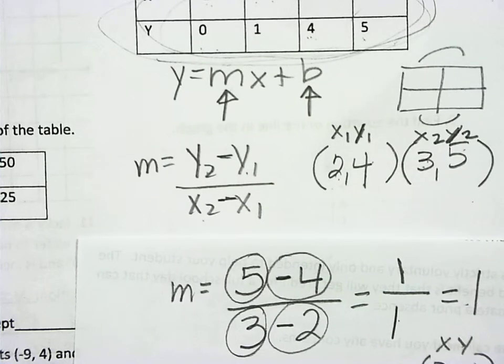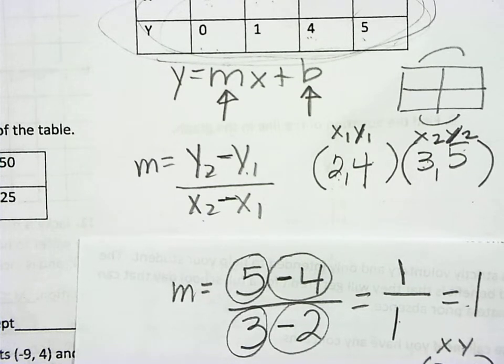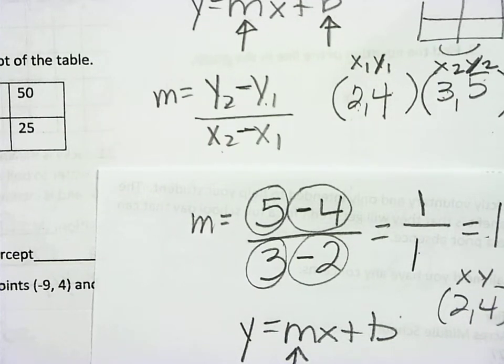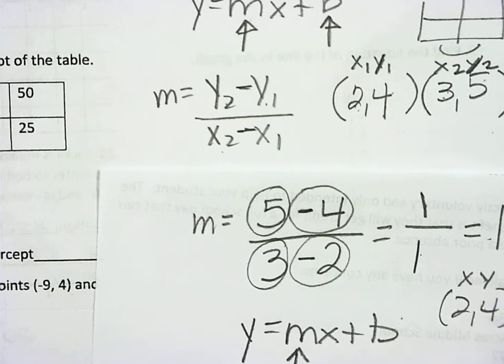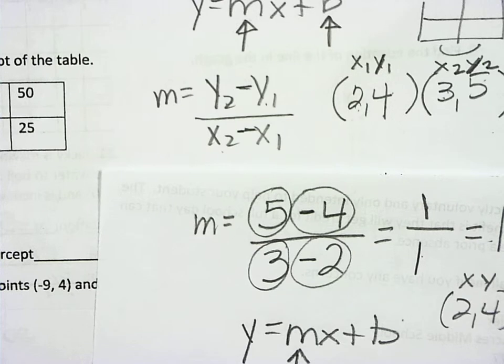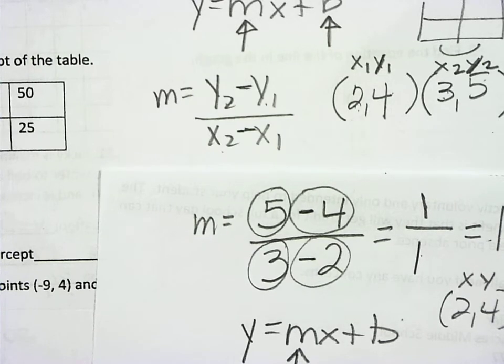I'm going to simplify here. This is 2 plus b equals 4. I want to get b alone. The inverse of positive 2 is negative 2 on both sides of my equation. We're going to combine all this. These cancel out. I'm left with b equals 4 positives and 2 negatives gives me 2 positives.